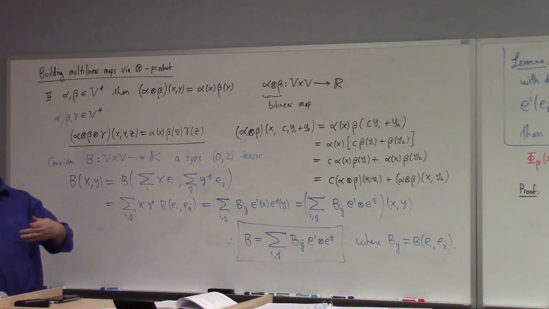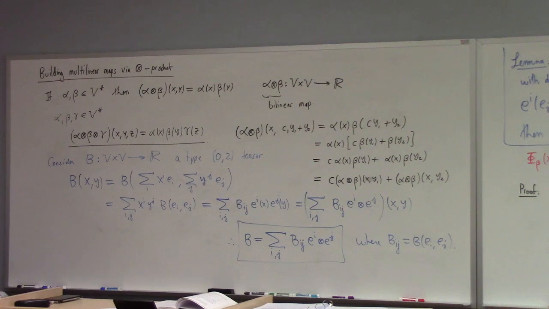Those are the components of the tensor, B lower ij. Any questions? No? Okay.